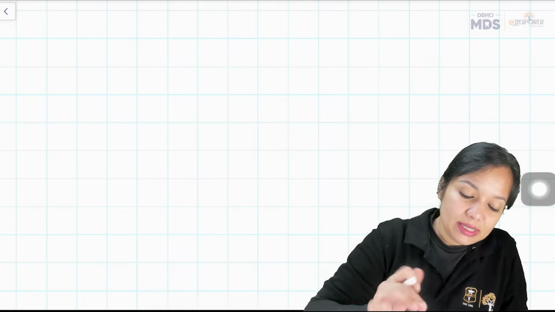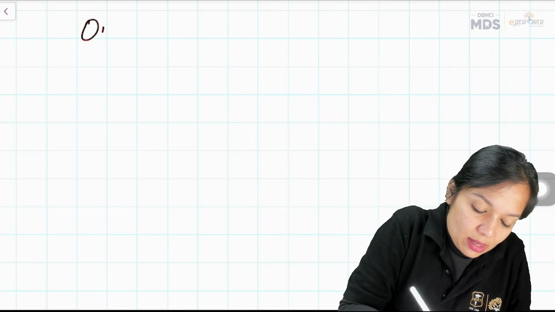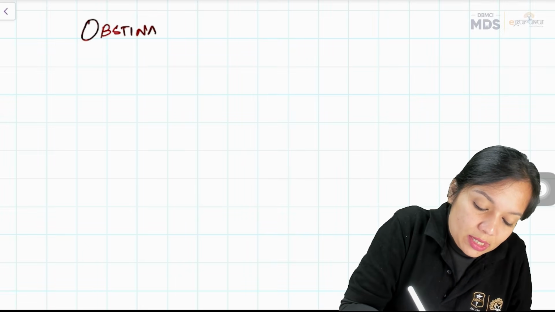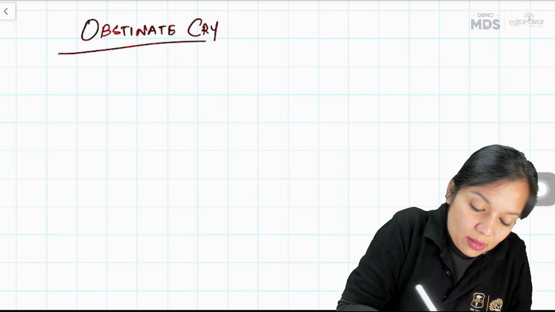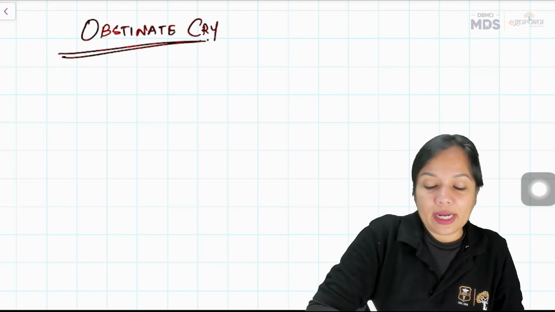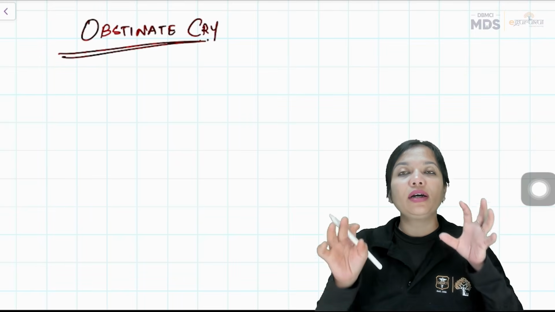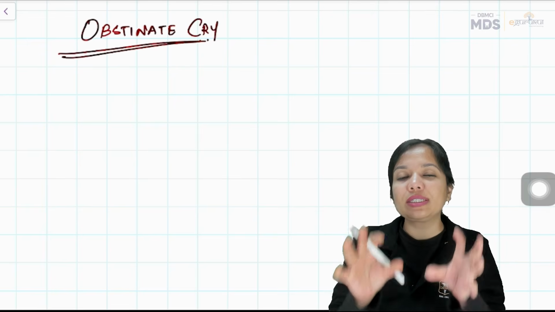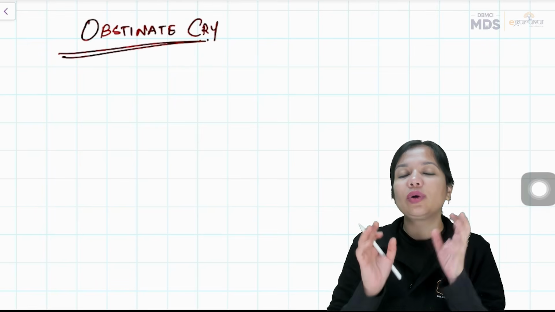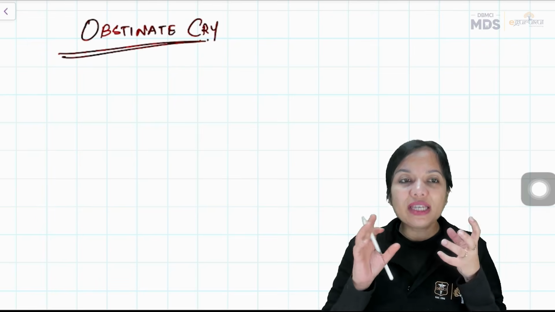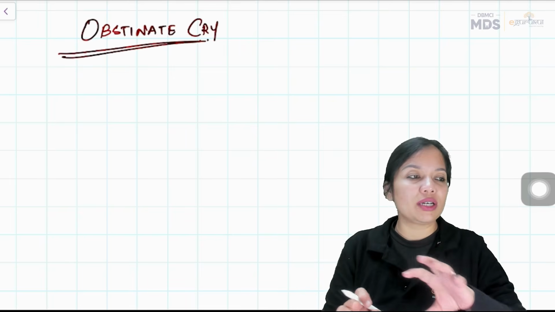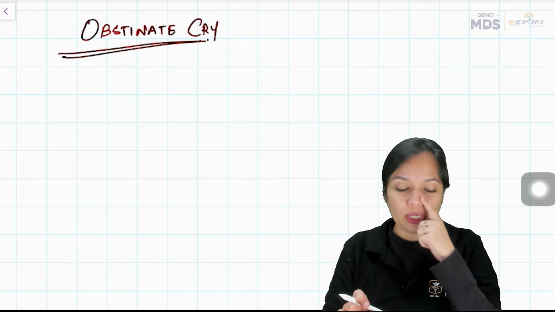The first is the obstinate cry. Whenever we read about the obstinate cry, there are a particular set of words that you should remember. In the question also, you will be given these words, and they will ask you to choose what type of cry they are talking about.